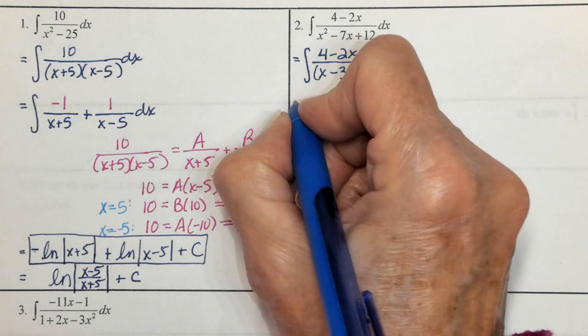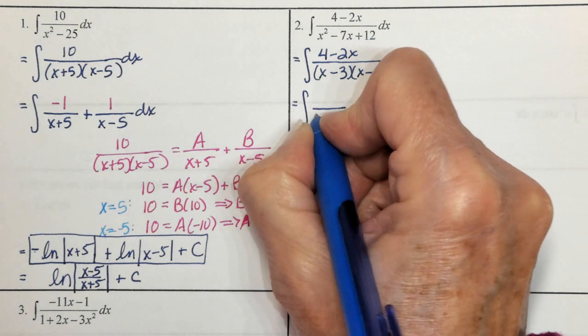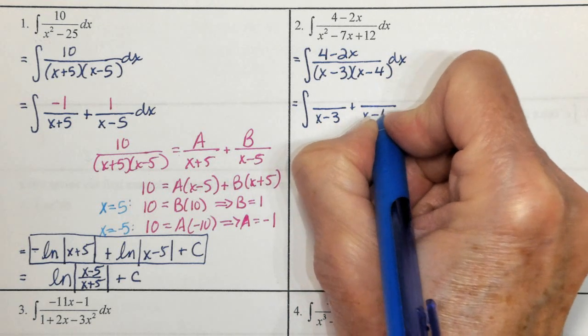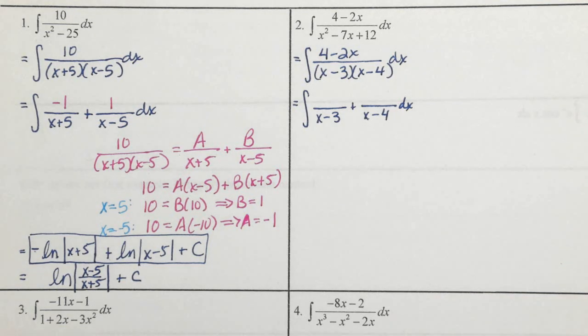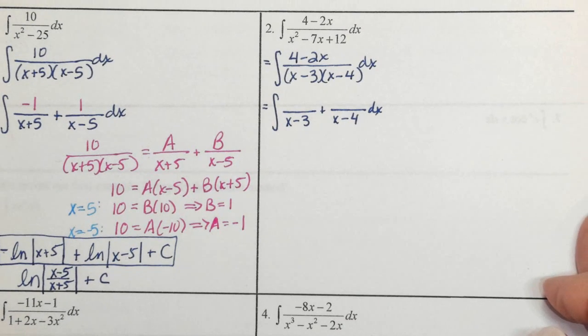Okay? So now I'm going to write this as something over x minus 3 plus something over x minus 4. We just need to find out what those two somethings are. So I'm going to come off to the side and find out.